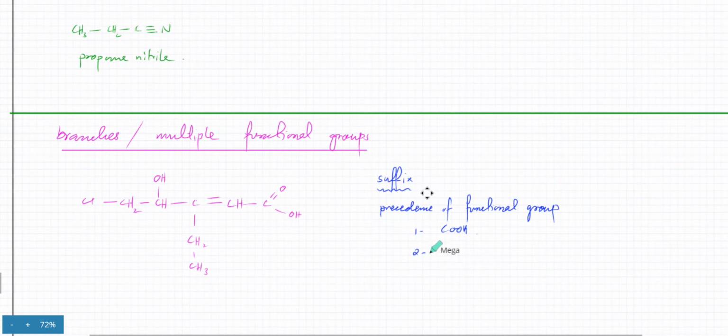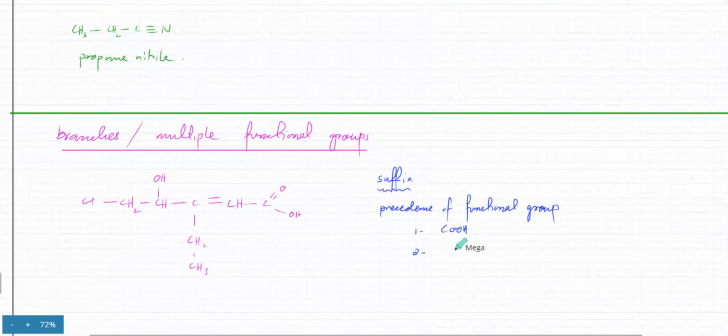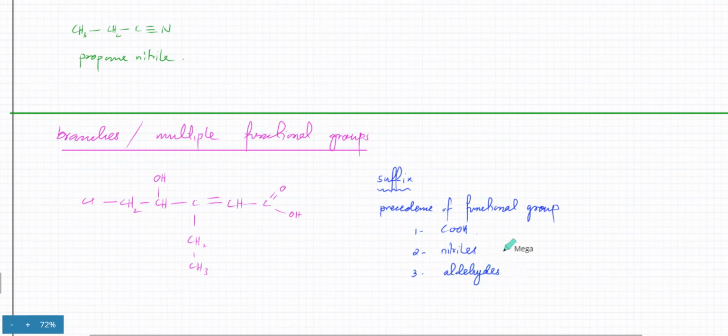Right after carboxylic acid, you usually have nitriles, aldehydes, and ketones. We're not even going into details about naming nitriles, but I'm just going to add nitriles anyways. At number 3 you have aldehydes, and number 4 it's ketones.